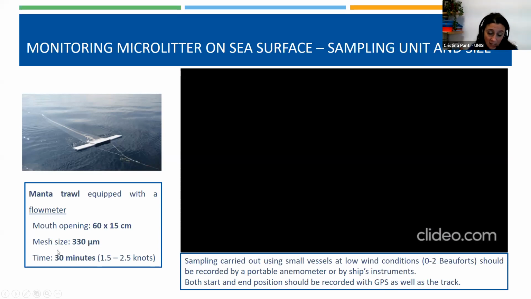Usually the transect is carried out for 30 minutes with the speed of the boat between 1.5 and 2.5 knots. As I was saying before, the sampling should be performed in low wind conditions, with the Beaufort scale from 0 to 2.